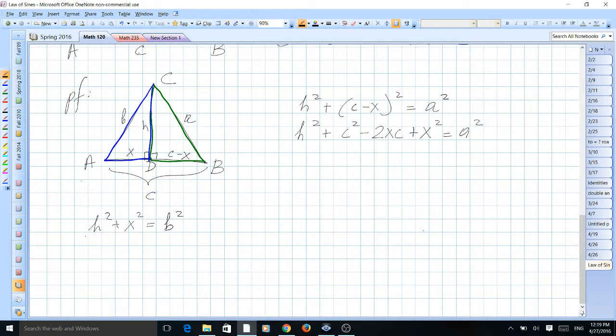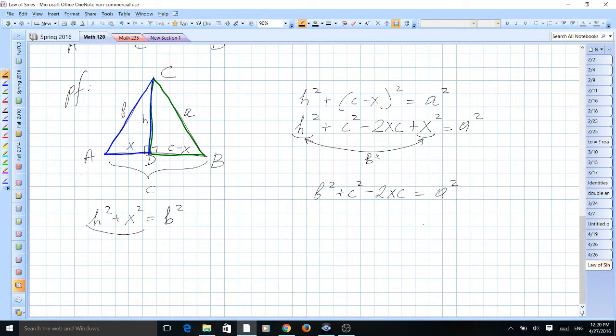Notice that I have the h and the x in here. So what I can do is replace these two with a b squared. So instead of this equation, I now will have b squared plus c squared minus 2xc is equal to a squared.